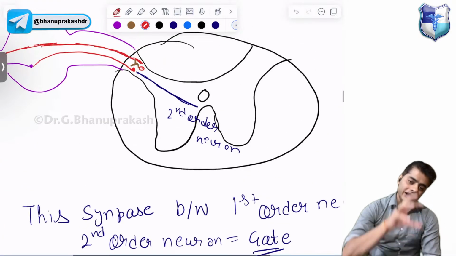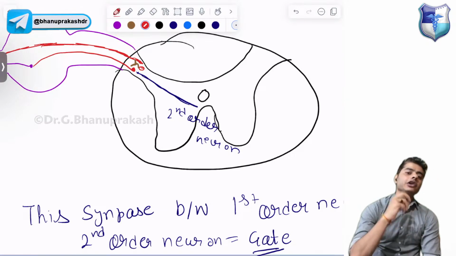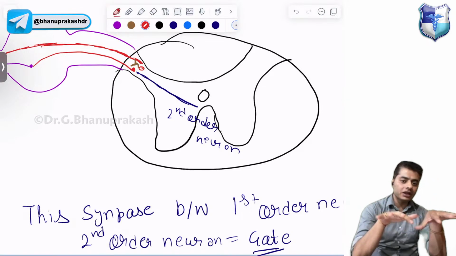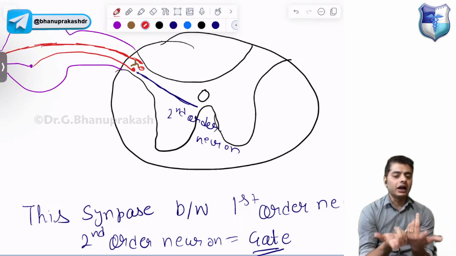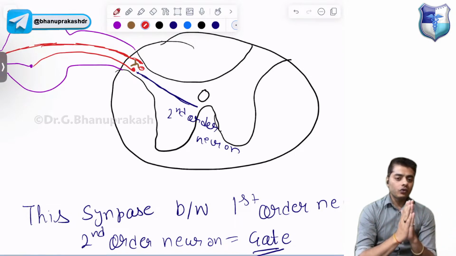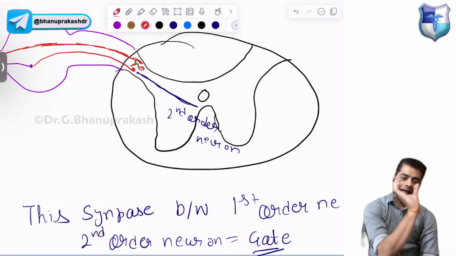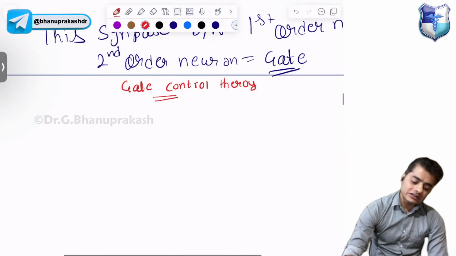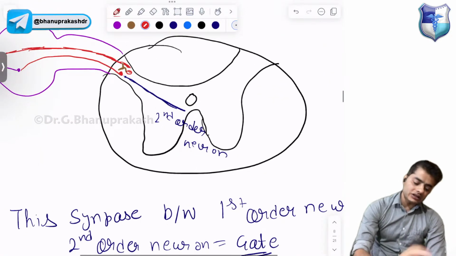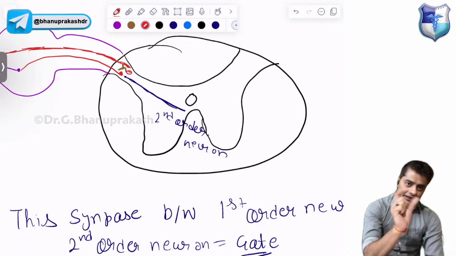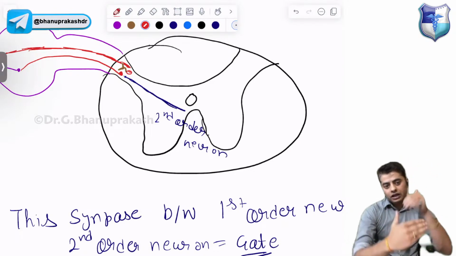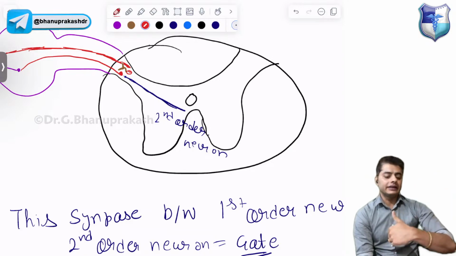This is the reason: the A beta fiber has an interneuron connection which inhibits that synapse. Because at the time of research, scientists found that this is a gate between first order and second order neuron, and some interneuron is stopping it. That's why we call it gate control theory.